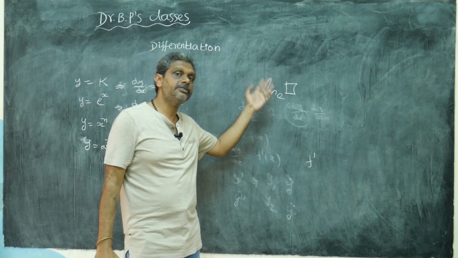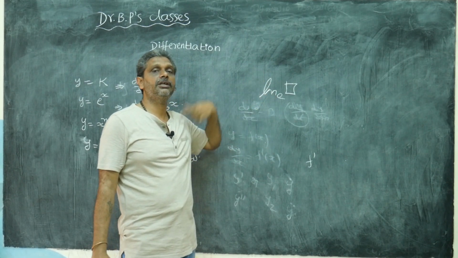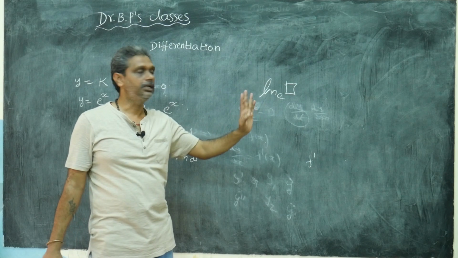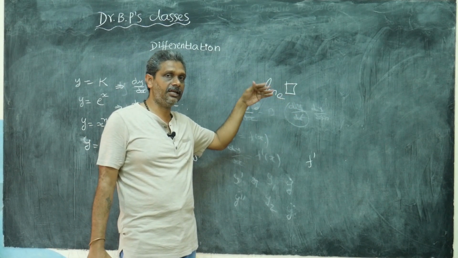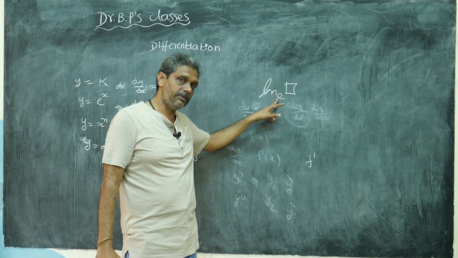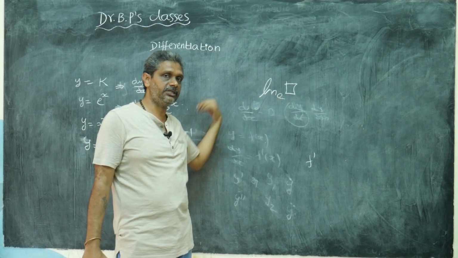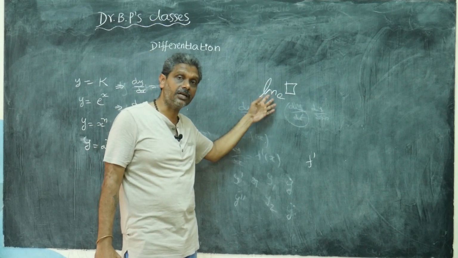If the base is other than e, you can change to e, then you can attack the problem. Without e you cannot solve differentiation and integration. Throughout your engineering life or whatever, in plus 1 plus 2 level, use e only, then only the differentiation and integration formulas will work. Otherwise you cannot.